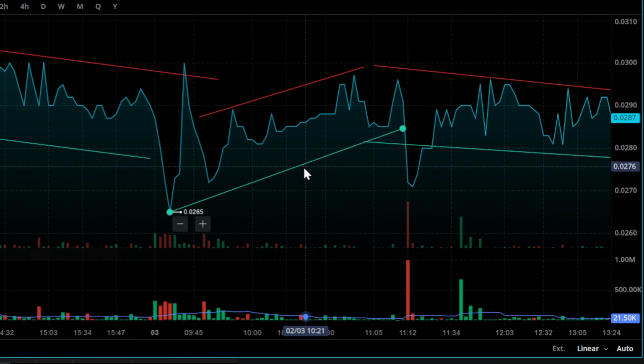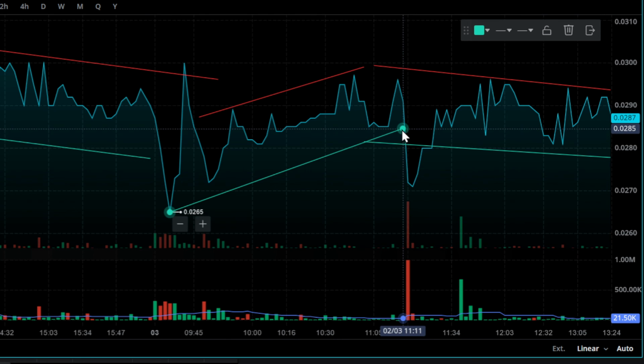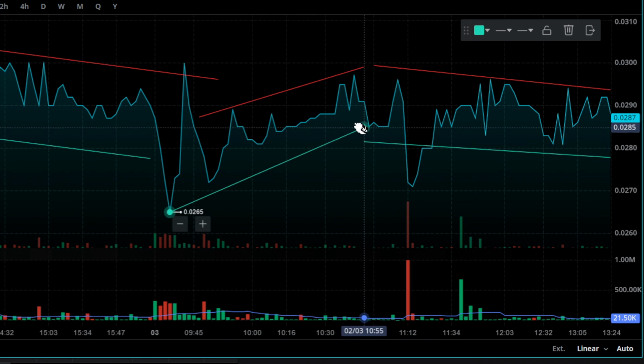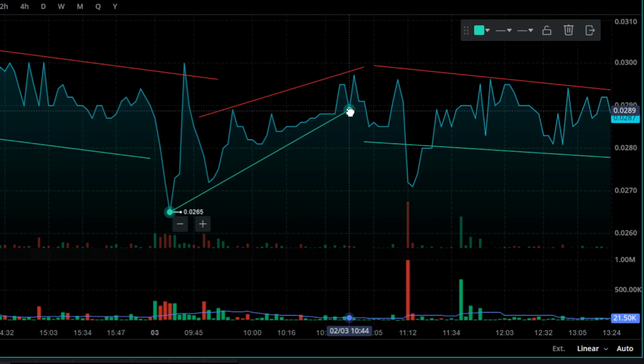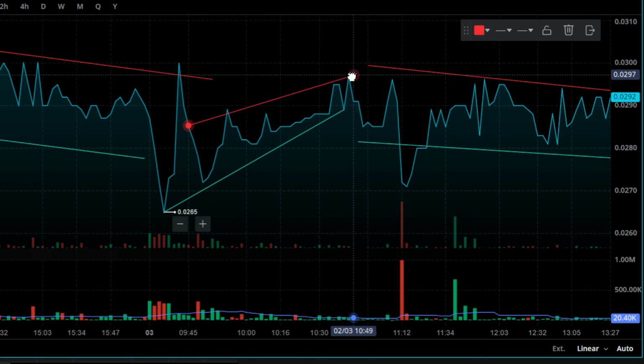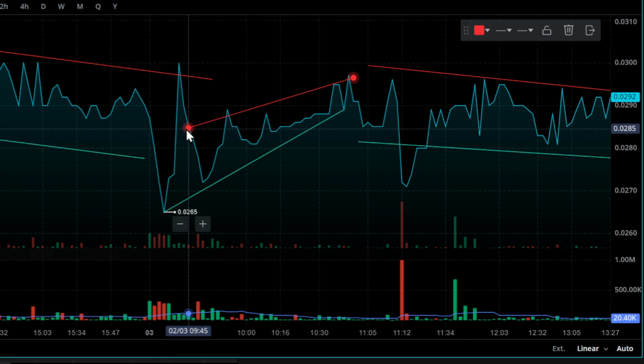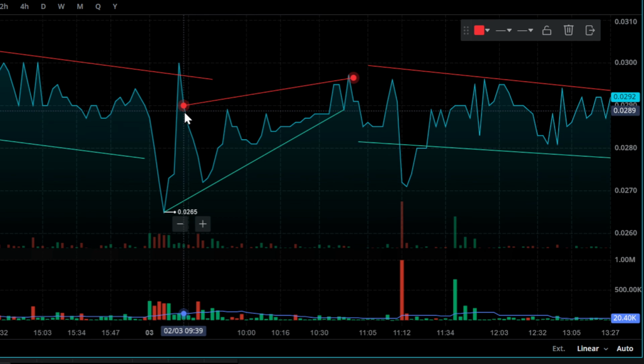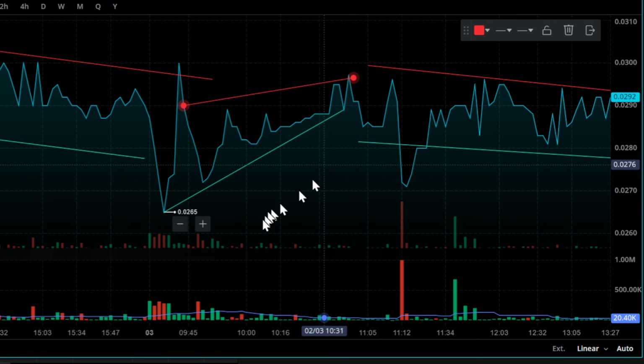So let's actually improve or change our trend line here. Let's call this the support and this the resistance. And now you can see that they are converging. That's one thing that I want to say.